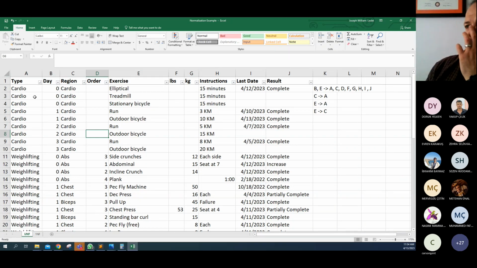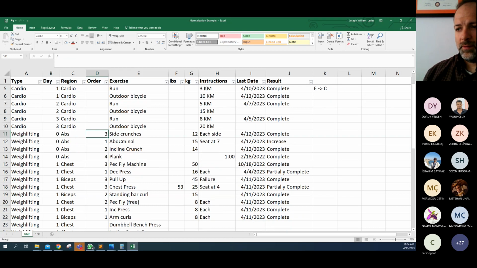A and C. Does E determine? E determines A. Does it determine B? No. Does it determine D? It could, couldn't it?